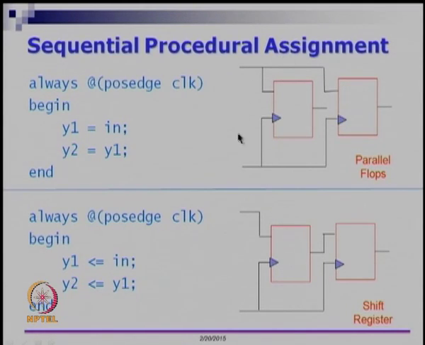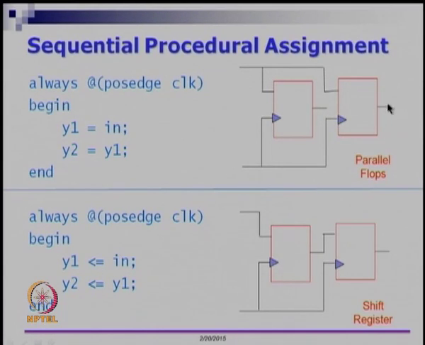So the circuit that you are going to get is essentially a set of parallel flops. The way to think about this is each and every assignment gets a flip flop. Y1 is an assignment, y2 is an assignment, both of them get a flip flop. Y1 is getting in, and y2, if you trace through this, is actually getting in itself. So it is as good as taking in and giving it to this flip flop y2.